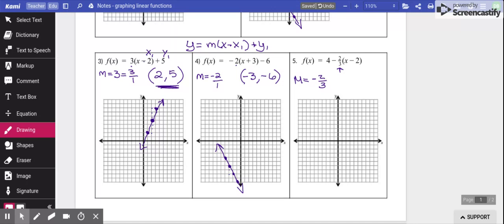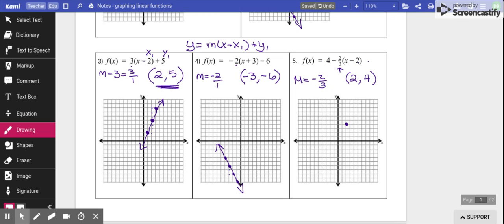So if I have x minus 2, I'm going to start at an x value of 2. Now, there's no number sitting right over here, but if you look over here, there it is. So that's my y1. So my starting point is going to be at (2, 4). I'm going to go ahead and plot my starting point, (2, 4).